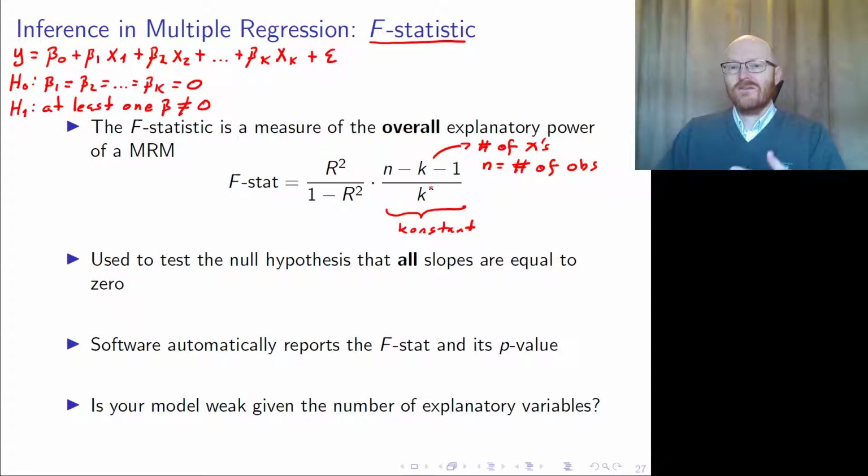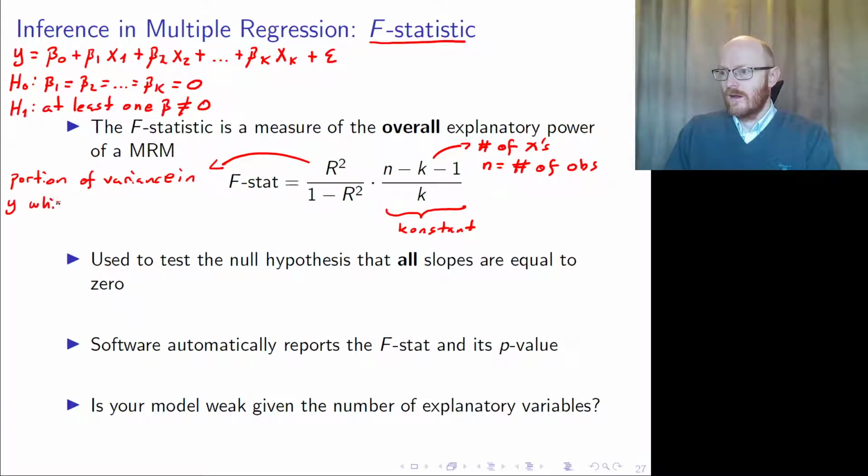And after you have estimated your model, you get the r squared, which is the portion of variance in y which is explained by the model.